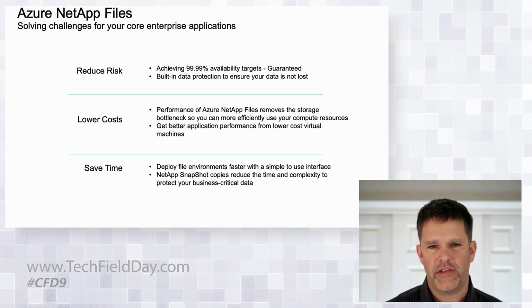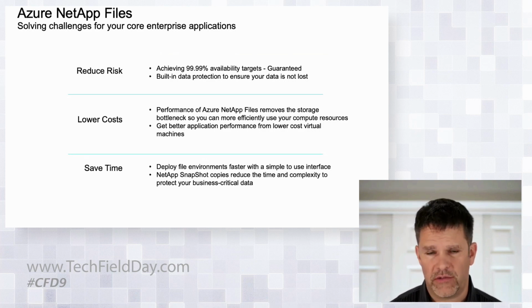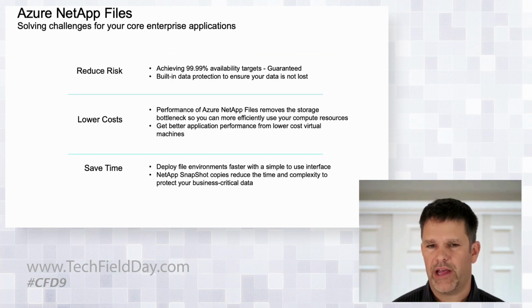And then we also have these built-in data protection capabilities to address what happens if a site goes down, or something happens in a given region in the cloud. You can do replication to other locations or just have multiple backup copies, whatever your level of protection is.